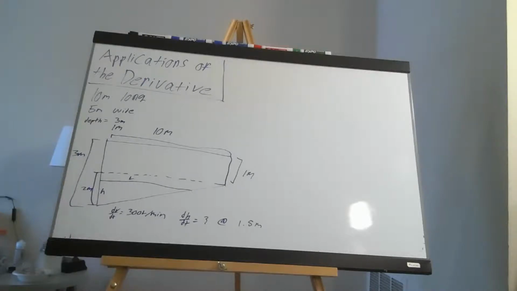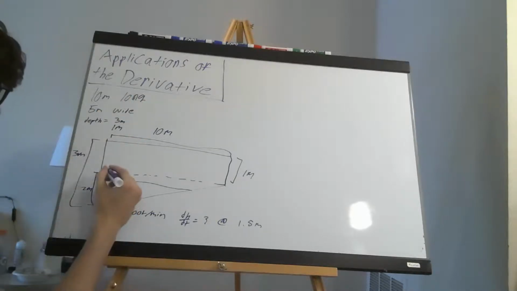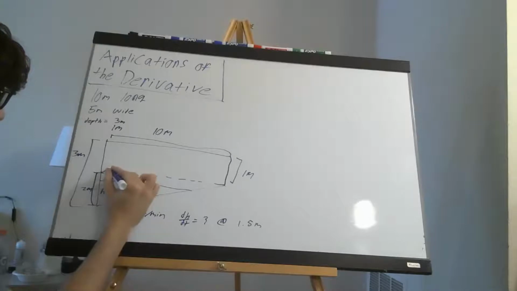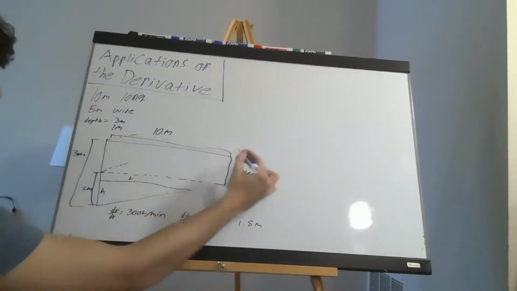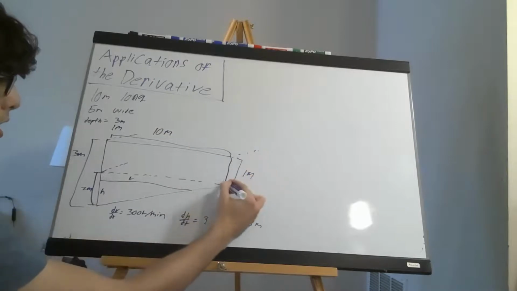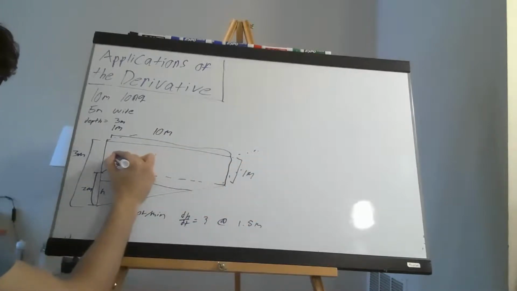All right, so this one right here, guys, this is tricky because you can't think in 2 dimensions for this, because they also gave us width. So it's also going back that way. Five meters.